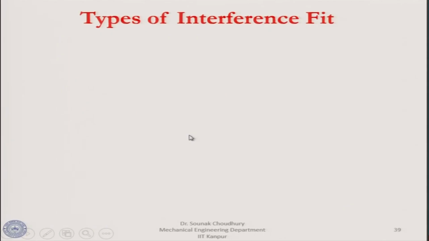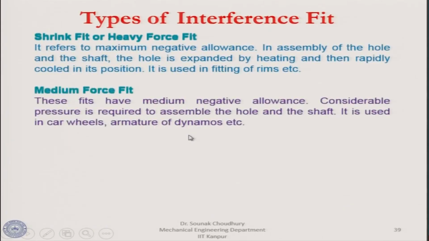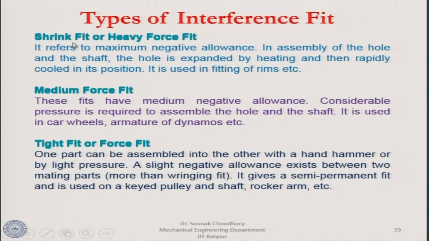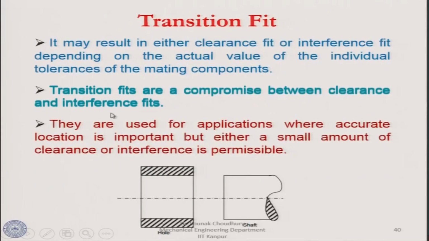Now, the types of interference fit are also different: shrink fit or heavy force fit, where heavy force is required because the diameter of the shaft is much more; medium force fit; and the tight fit or force fit. Those are all interference fits.